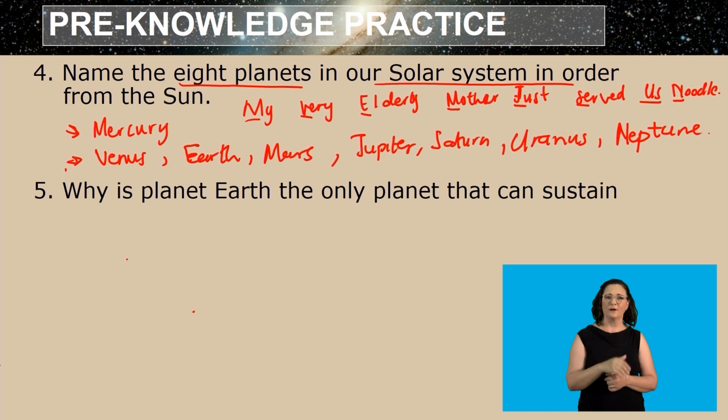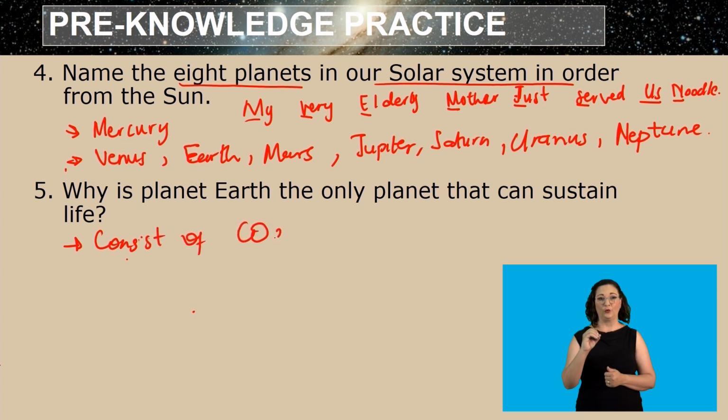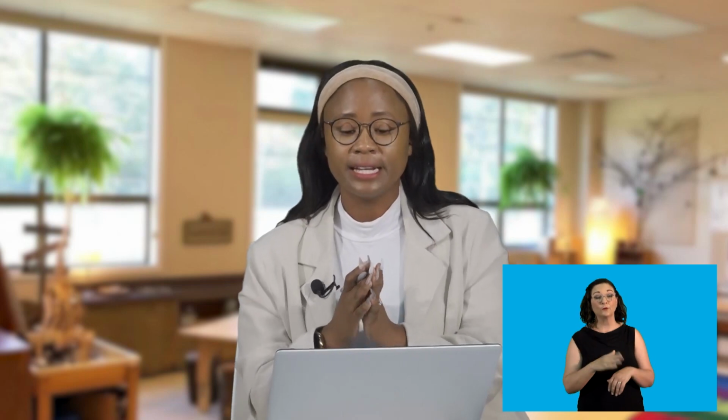It says, why is planet Earth the only planet that can sustain life? Remember, Earth consists of carbon dioxide gas. We also have oxygen gas as well as nitrogen gas that are suitable in the atmosphere in order for life to exist on Earth. Earth is the only planet that can sustain life because we take in gases such as carbon dioxide and absorb them through the process of photosynthesis.